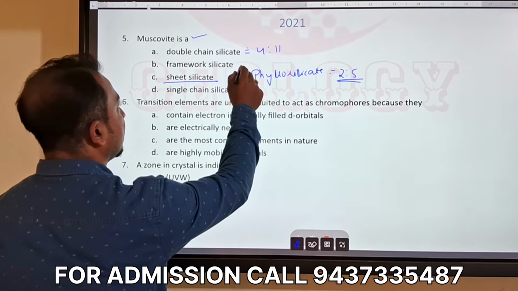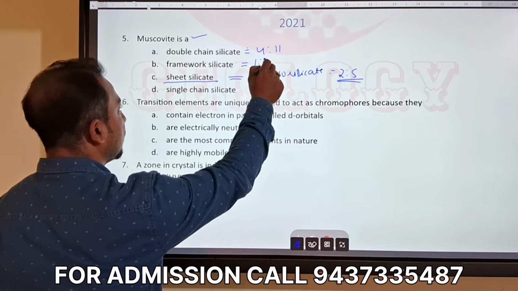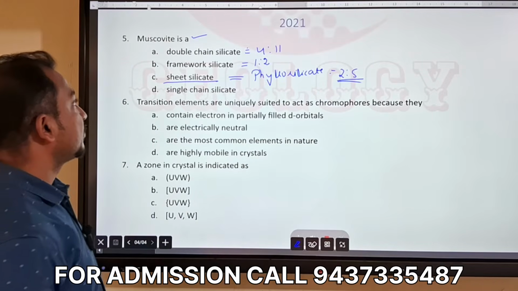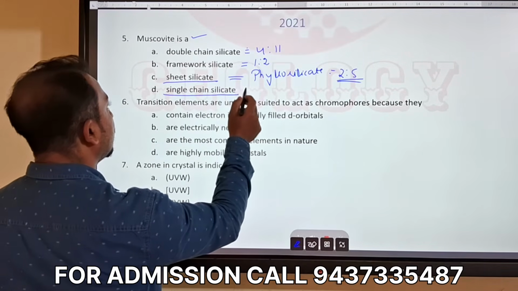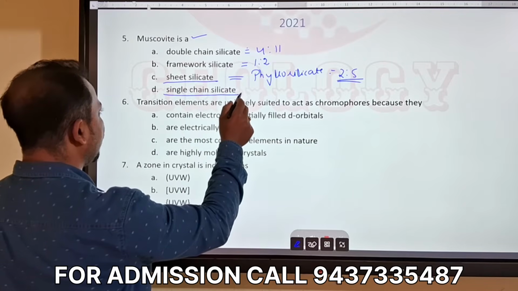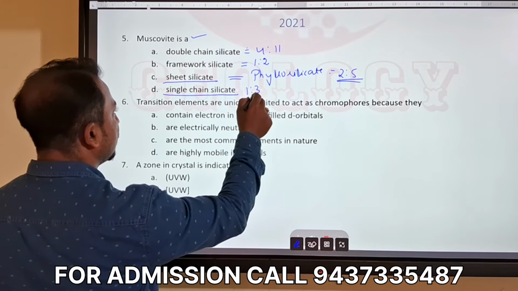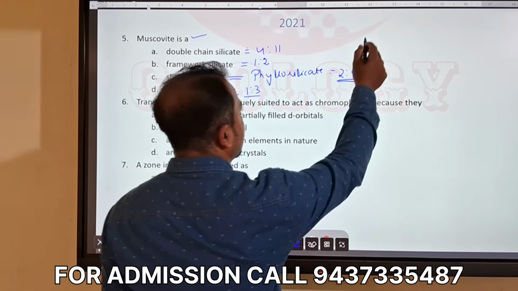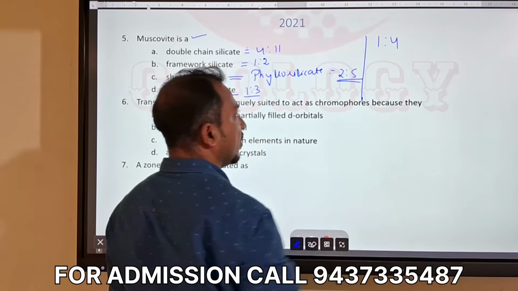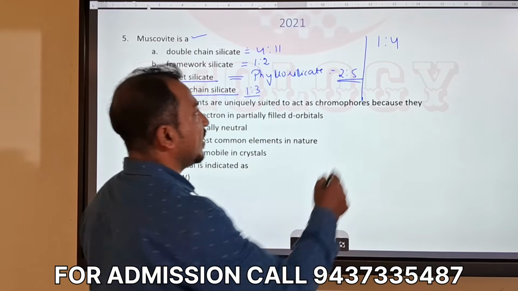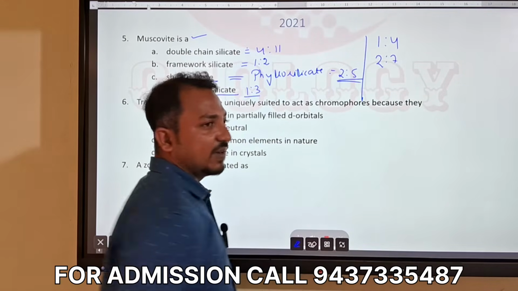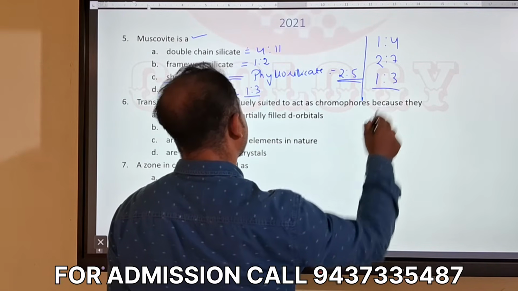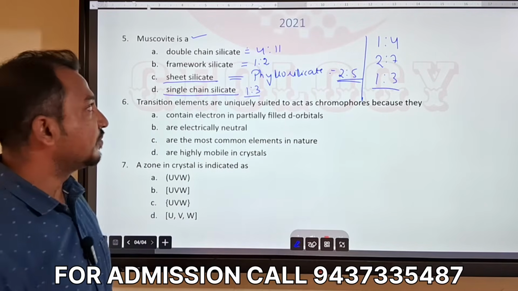Then framework silicate, also called tectosilicate, ratio is 1:2, where all 4 oxygens are shared. Single chain belongs to inosilicates, ratio 1:3, where each tetrahedron shares 2 of its oxygens. Then we have nesosilicate, ratio 1:4. We have sorosilicate, ratio 2:7. Then we have cyclosilicate, ratio is the same as single chain, 1:3.